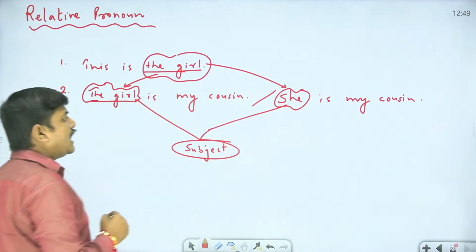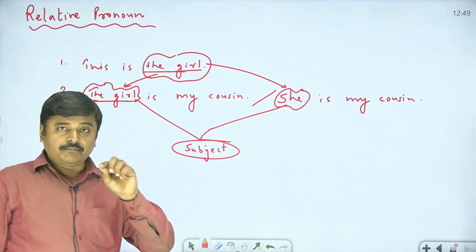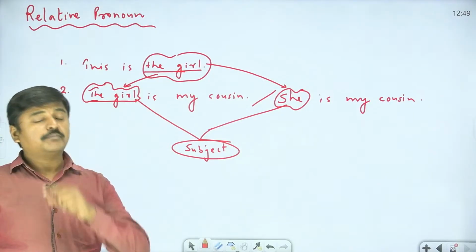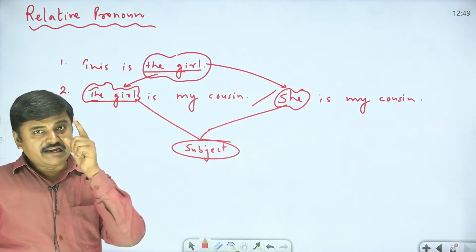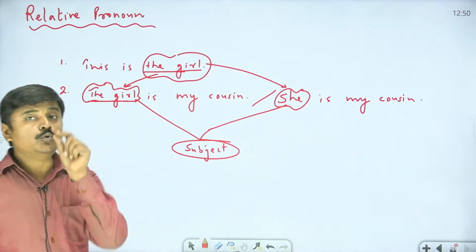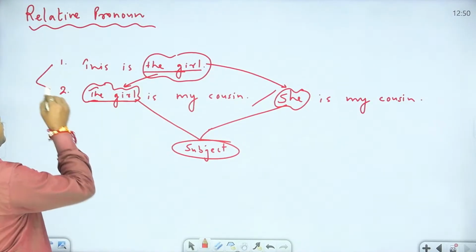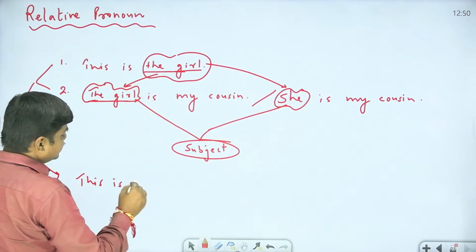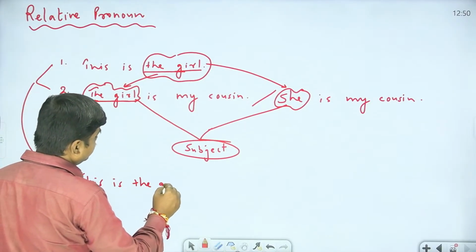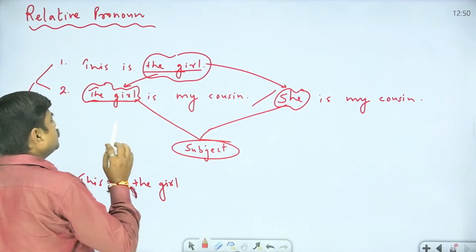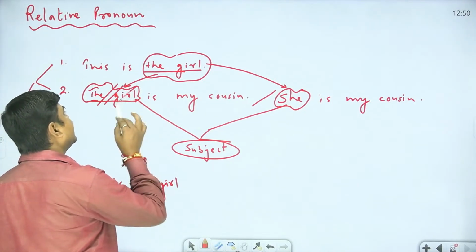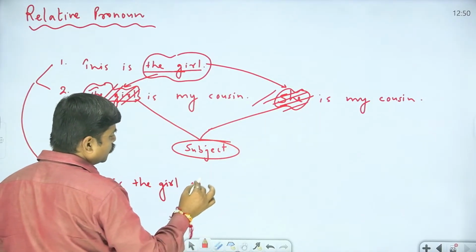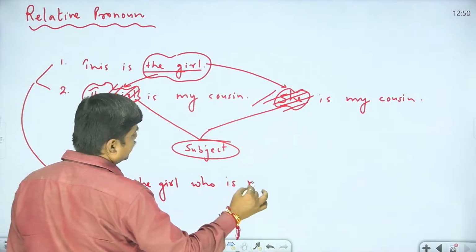It means we have to replace this by using the subject version, and in relative pronoun, for a living being we use who. That's why when we combine the sentence, this is the girl. Now we do not have to use this word again or this word. Just use who is my cousin.